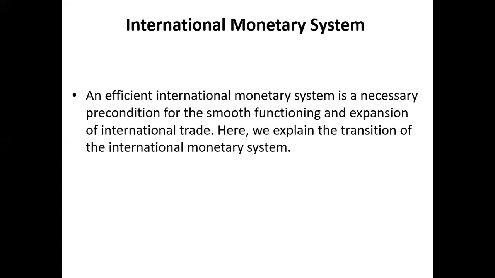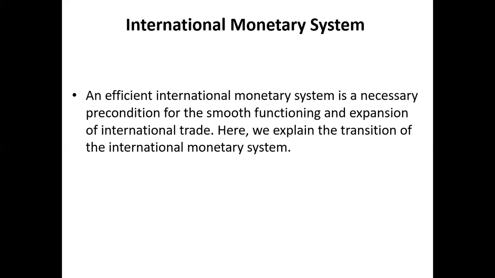Just like that, to transact commodities or to exchange commodities across different countries in the world, and thereby expanding the scope of international trade, we need a monetary system, an international monetary system or international financial system. And that is a precondition for the smooth functioning and expansion of international trade.